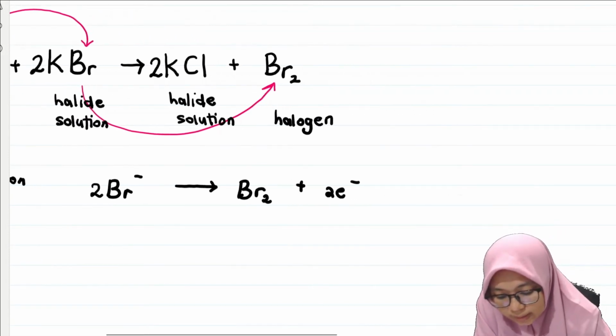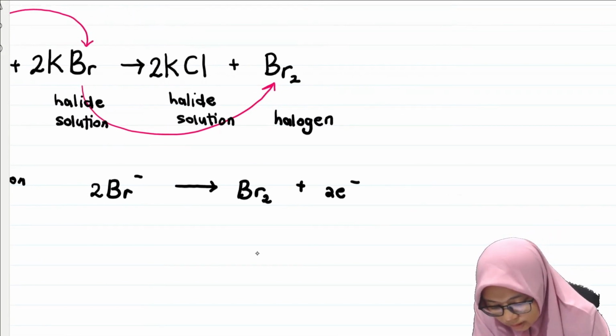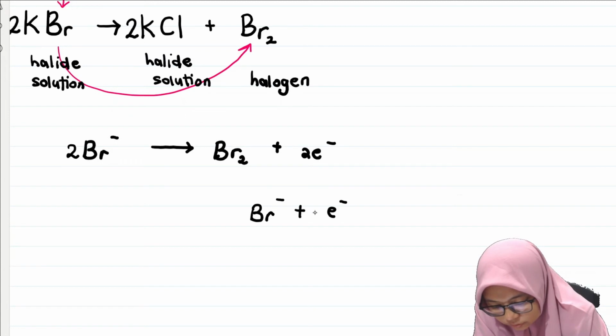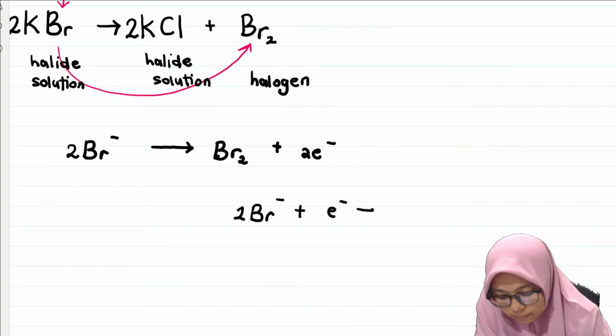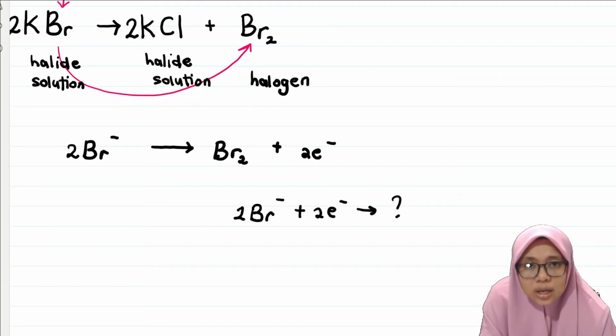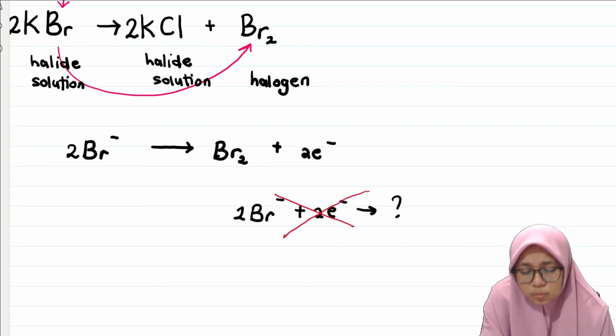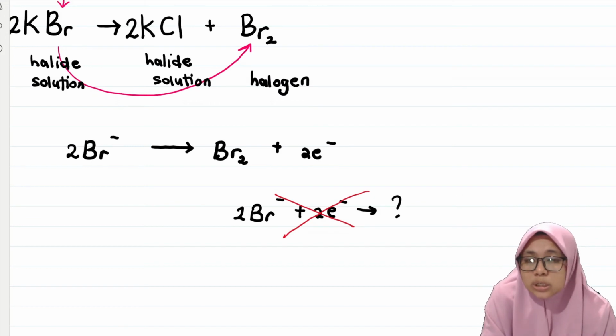So you cannot write a half equation. Let's say you write down Br minus accept electron, so plus sign, meaning accept electron, to form what? This reaction will not happen. This is a reaction that will never happen to bromide ion, because bromide ion has already achieved a stable octet electron arrangement.